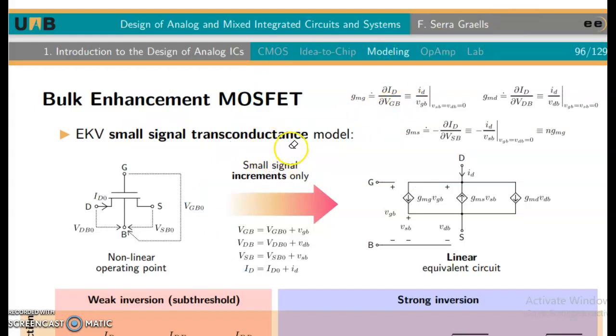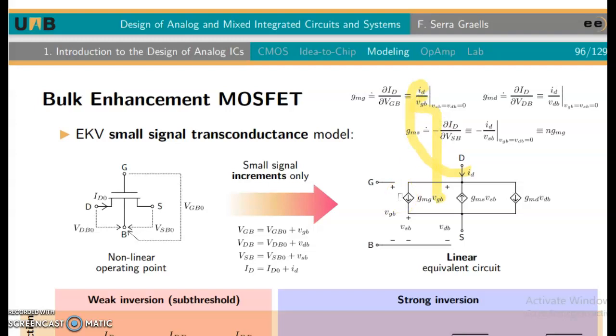Then actually what we are doing is the partial derivative of ID only. Then for VGB, where is that? This one, VGB.